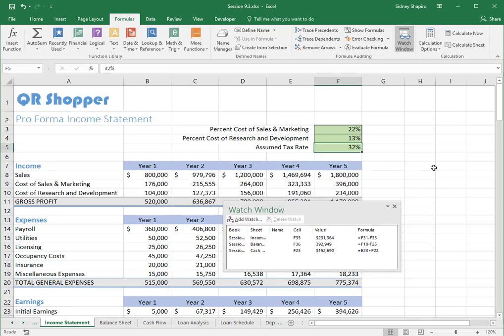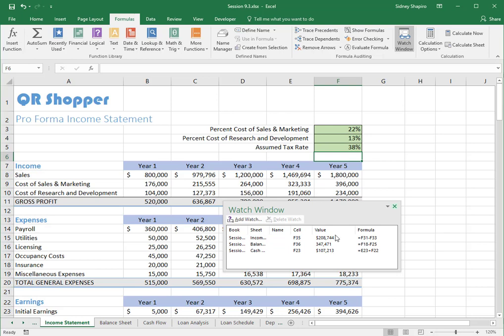We're going to change the tax rate from 32 to 38. Now keep an eye in the watch box. I hit Enter, and in the watch window, all of these values will change as well. And we can see that in figure 937 on page 585. So instead of having to flip back and forth through the sheets, we're always able to keep an eye on those particular cells and what's going on.